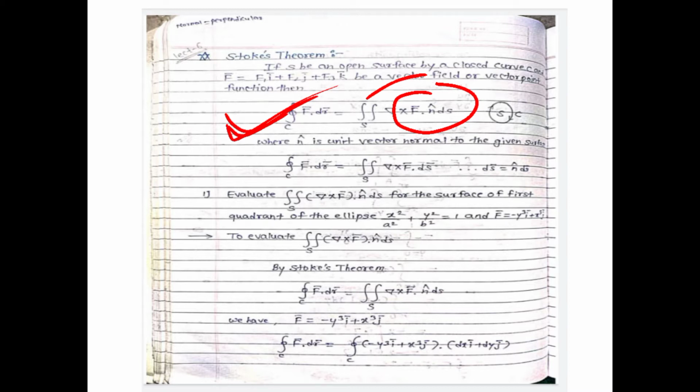And if the question is in the form of a double integration and we have to find its value, then we have to go with finding the value of the single integration. So this is the logic behind Stokes theorem. You have to keep this in mind when you are solving problems based on Stokes theorem.